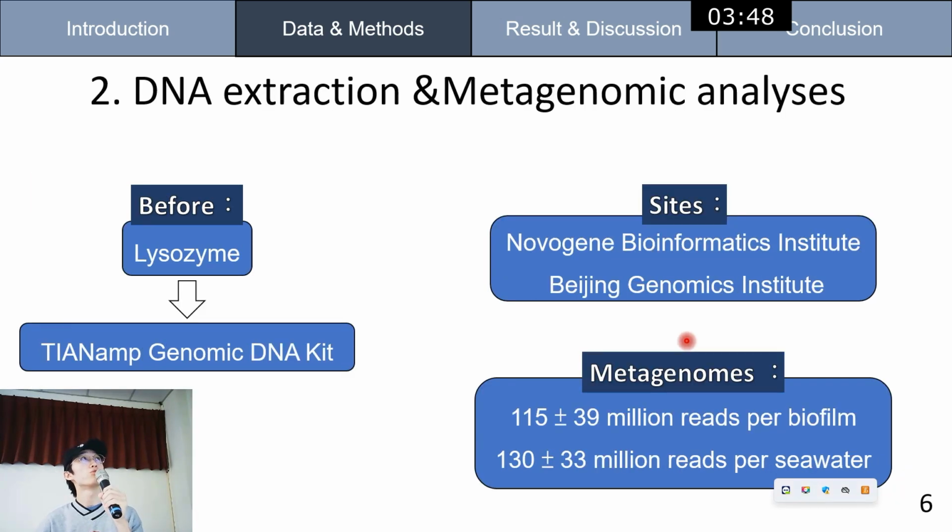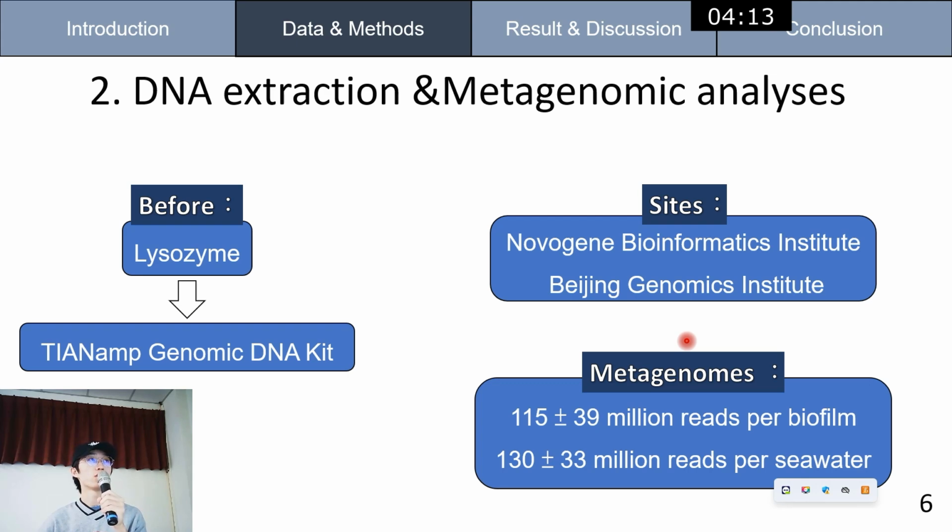And second, we extract their DNA and do metagenomic analysis. Before DNA extraction, we need to use lysozyme to break the bacteria's cell wall and their entire structure to extract the DNA. We use the TIANamp Genomic DNA kit.